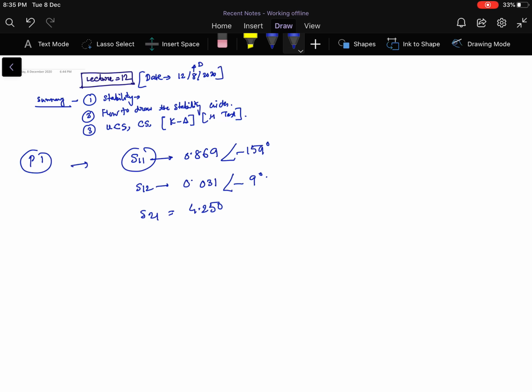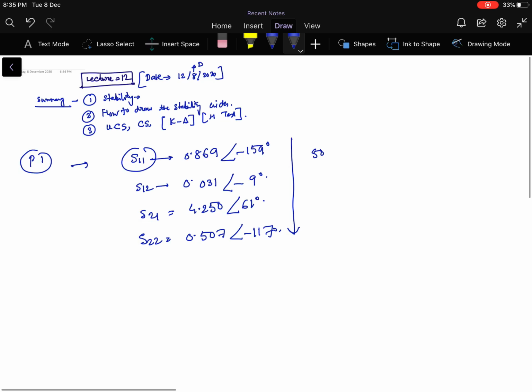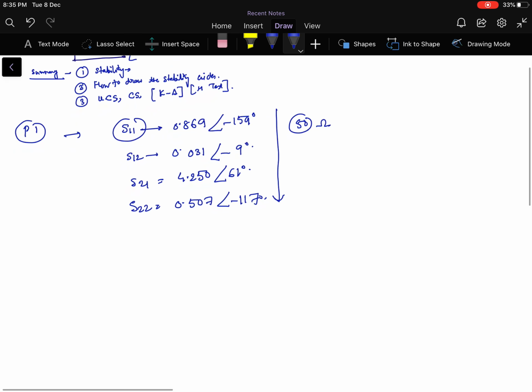S21 is equal to 4.250 angle 61 degrees. S22 is 0.507 angle minus 170 degrees. All these are measured in a 50 ohm reference impedance, and at f equal to, let's say, 1.9 gigahertz.